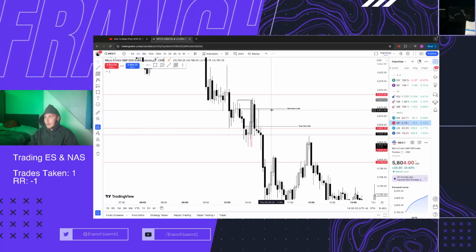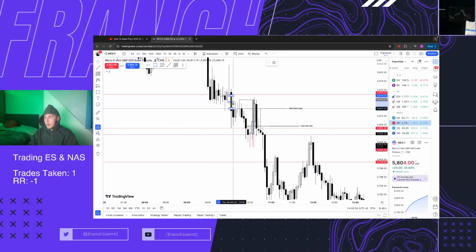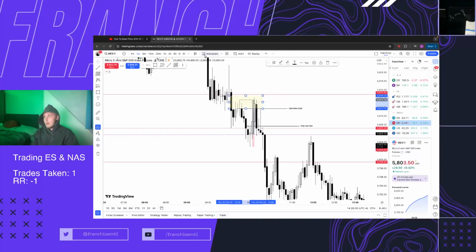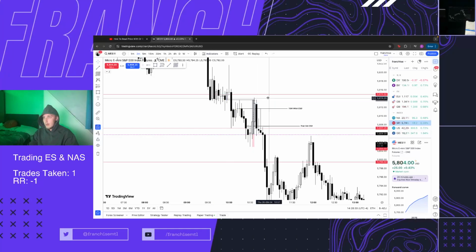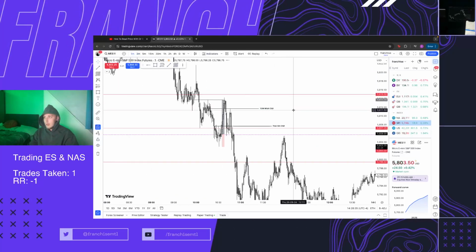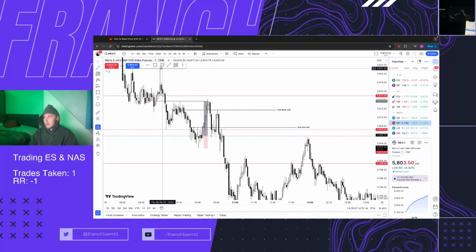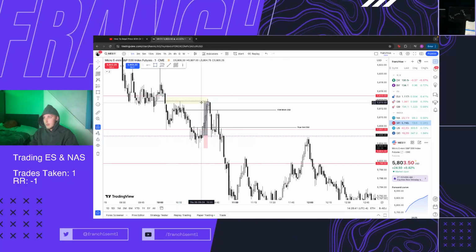Now we could have also found, there you go, a lower time frame fair value gap here, or this order block right here lines up with buy side liquidity, or the precise 1-minute gap here.